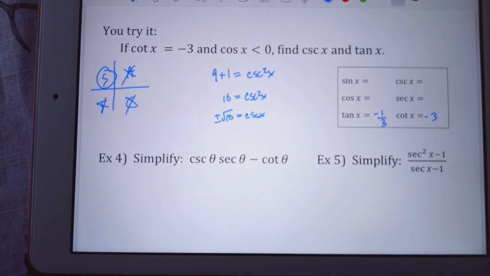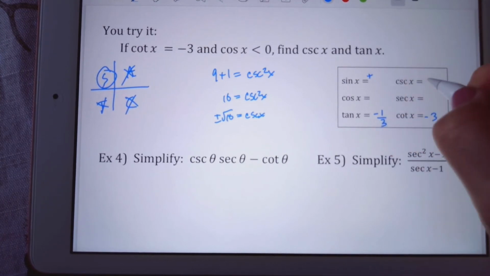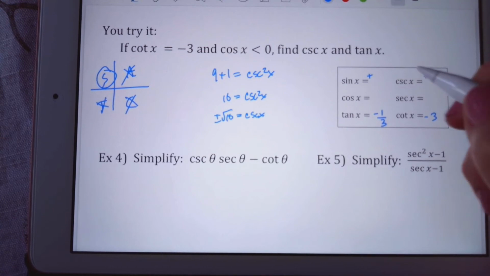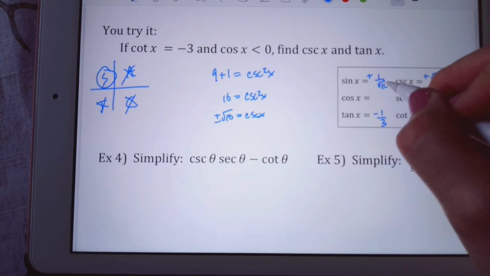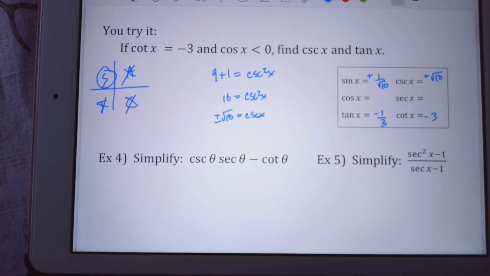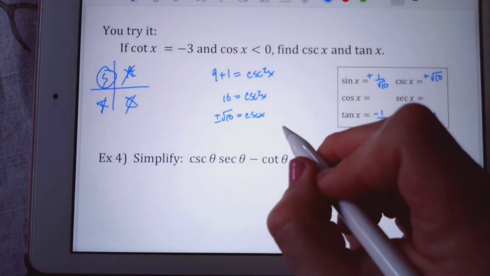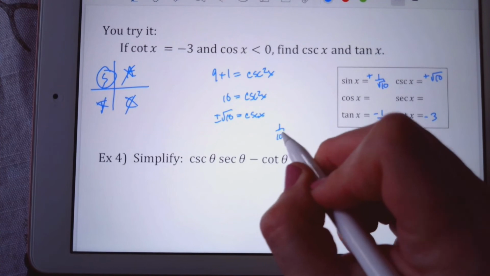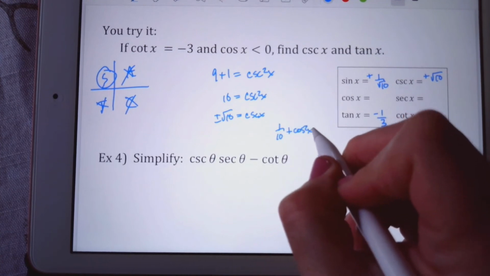All right, so cosecant goes with sine, and sine is positive here. So cosecant is radical 10, and then sine is 1 over radical 10. All right, and then sine squared plus cosine squared equals 1. We could do that. So sine squared would be 1/10 plus cosine squared equals 1.